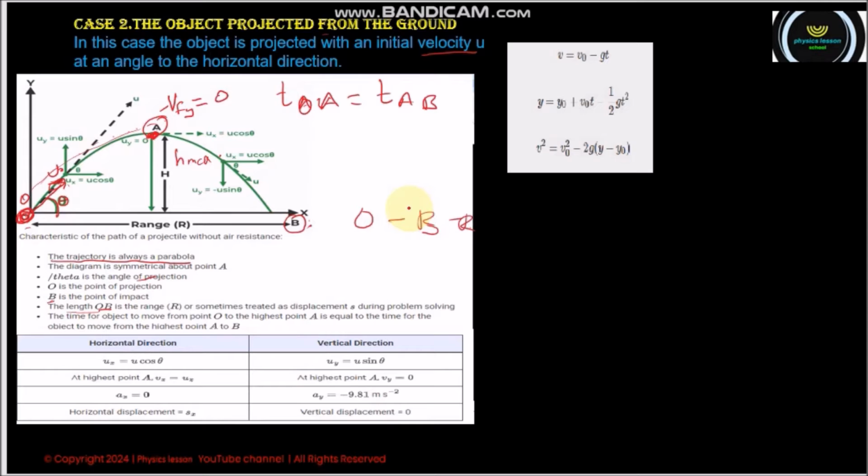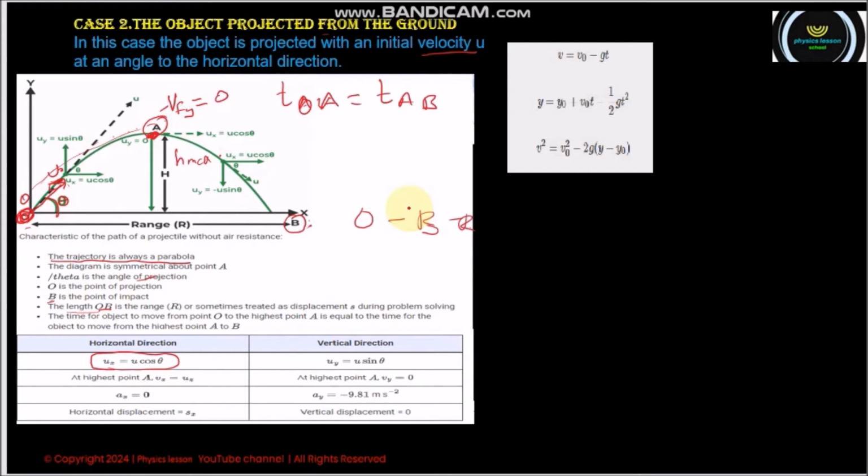Don't forget. Let's see the characteristics, the horizontal and the vertical. Please note down this one. The initial velocity across the horizontal is always calculated by V0 times cos theta.